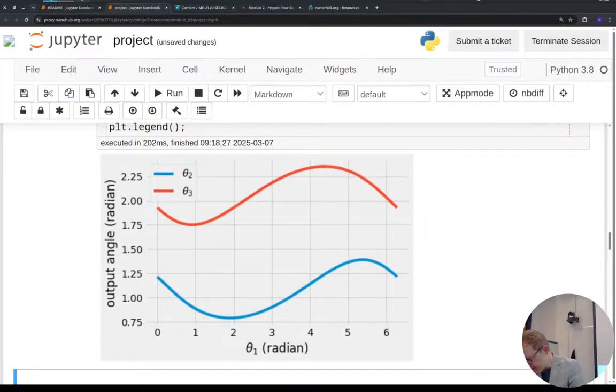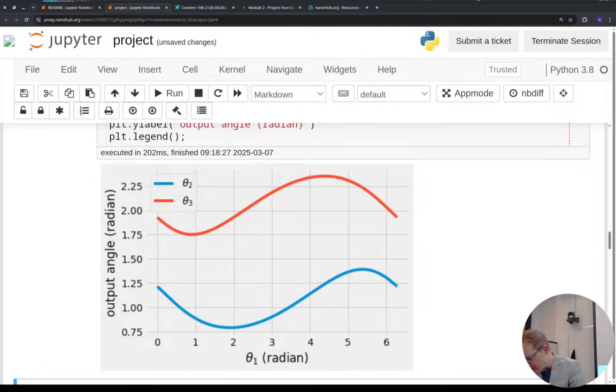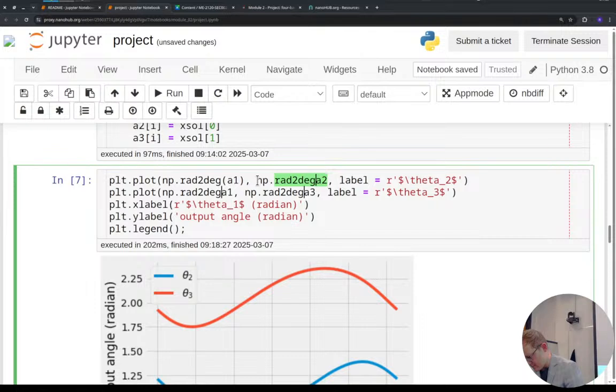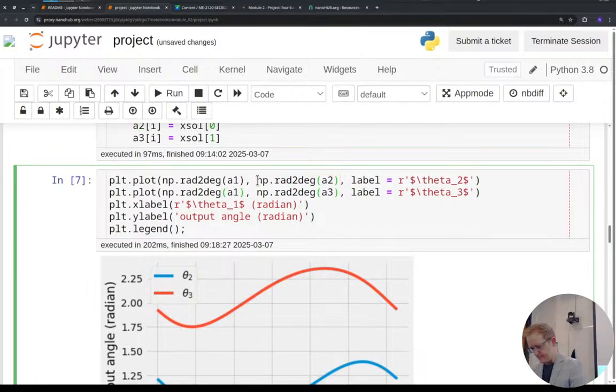I always put it in radians, but I like angles personally. I think there is np.rad2deg.